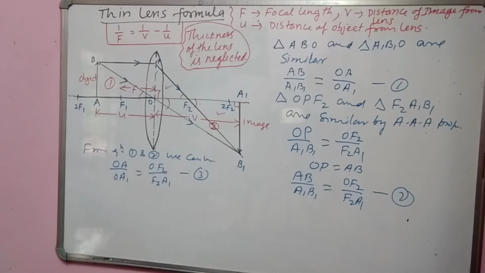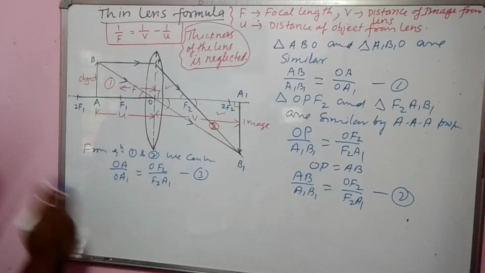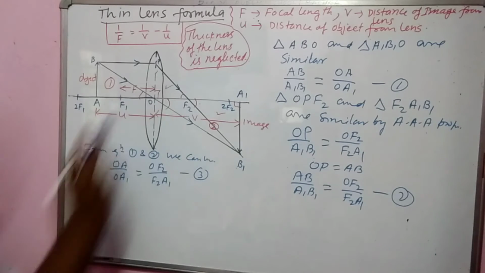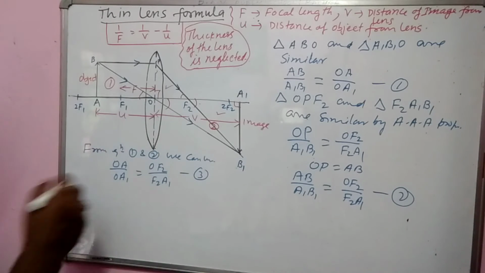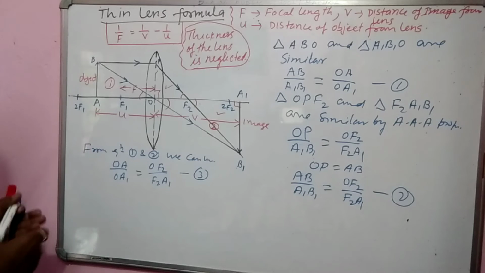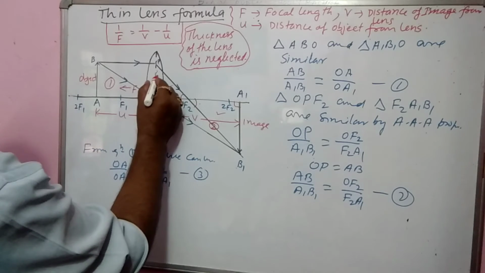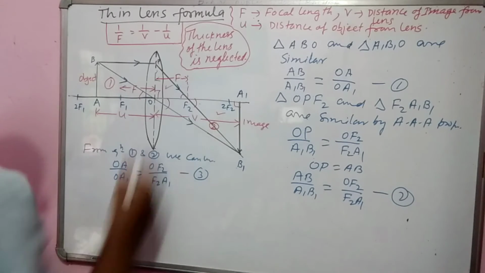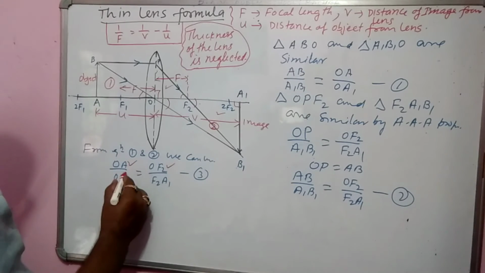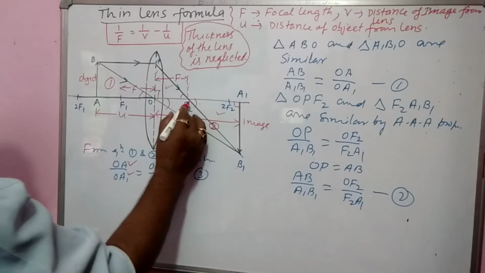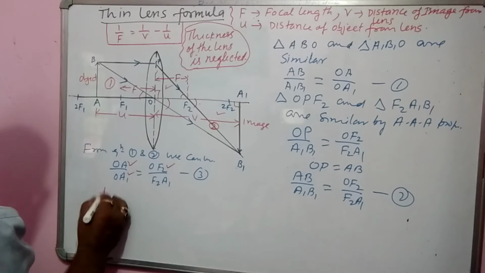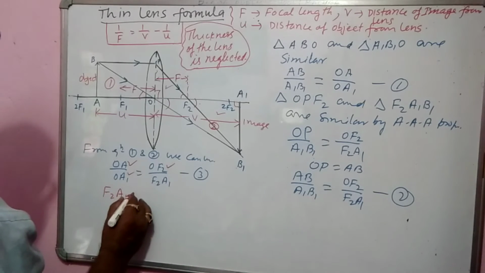Now OA is given as u, and OA1 is given as v, and OF2 is given as f, the focal length. So this is given, this is given, this is given, but F2A1 is not given. So we are going to calculate F2A1.